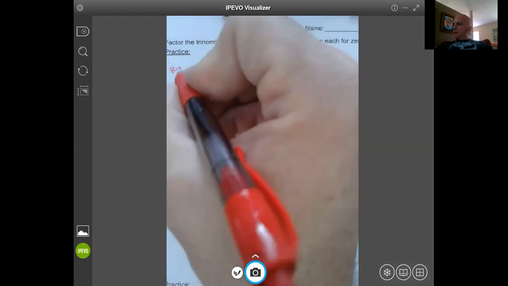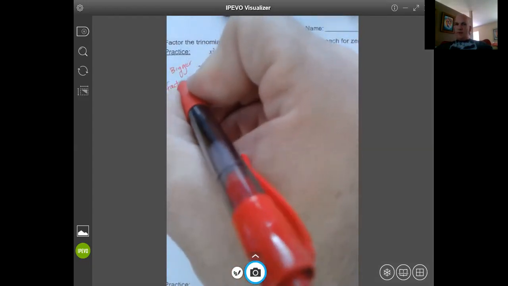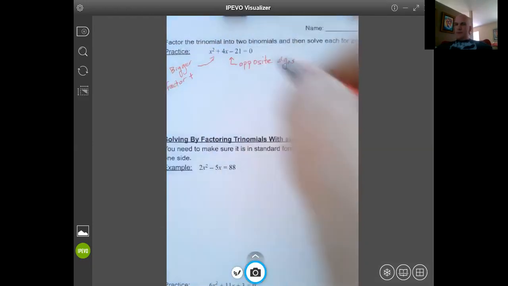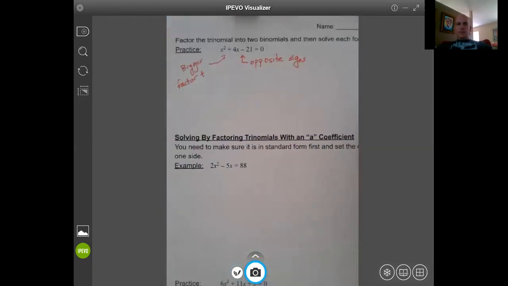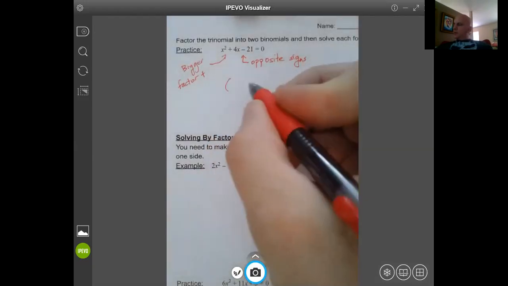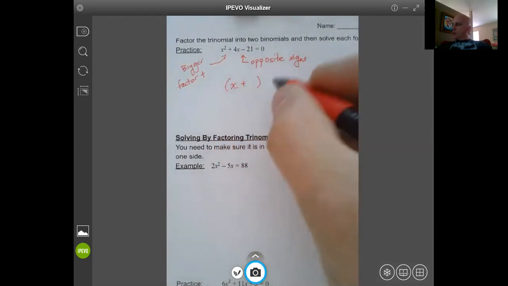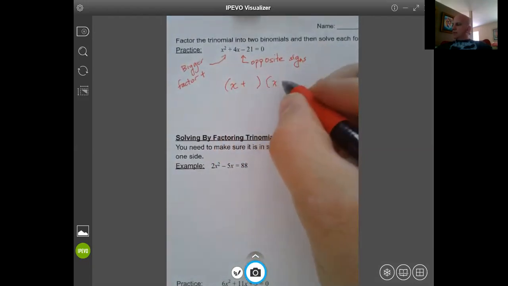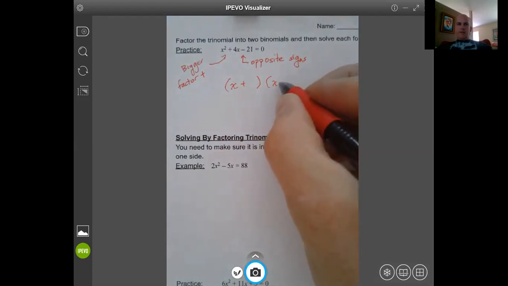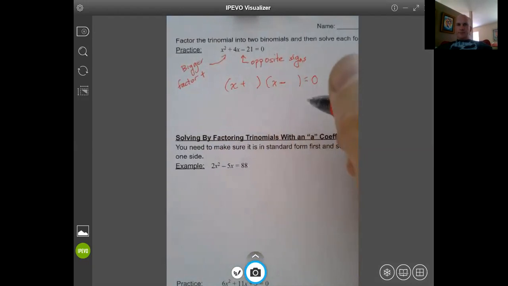So the larger factor will be a plus. In our binomials, again I don't have a leading coefficient, so I can just put x plus for one and x minus for the other because we have opposite signs. And this is all going to equal 0.